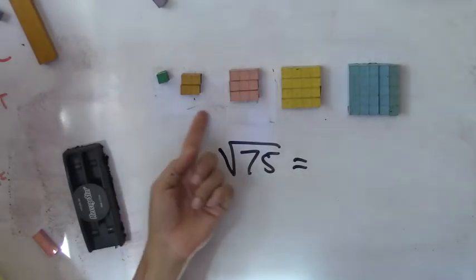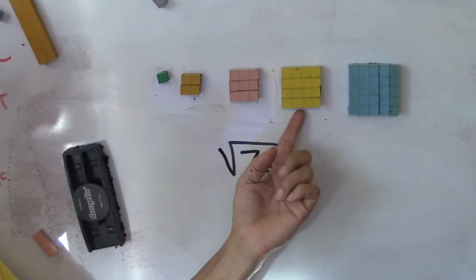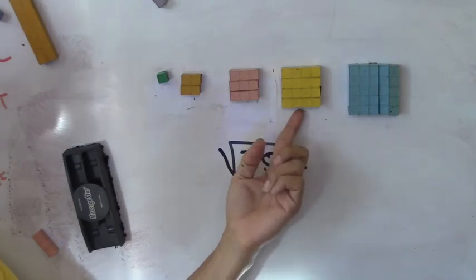Which one should I use? The 16? Am I going to be able to count to 75 with a 16 square?